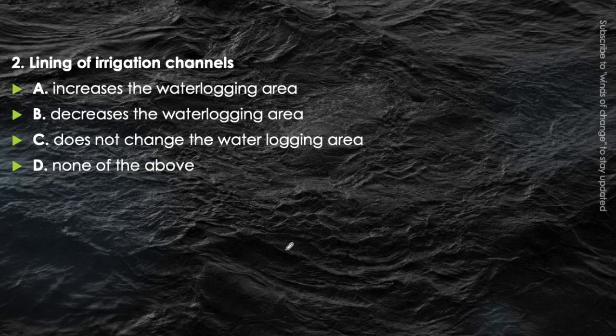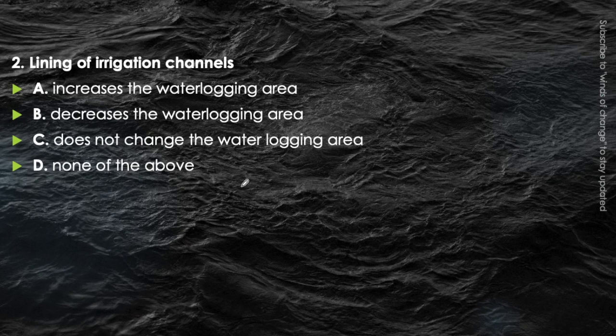Okay, next question. Lining of the irrigation channel increases the waterlogged area, decreases the waterlogged area, does not change the waterlogged area, or none of the above. Now just think about it. If we provide lining of the irrigation channel, that means it will prevent the seepage of the water.